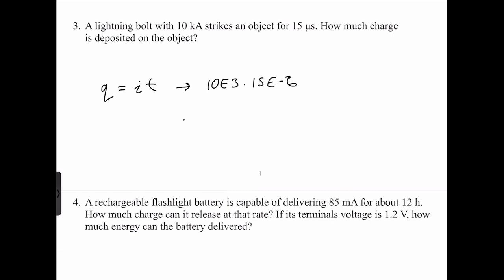That cancels out, so we get a charge of 10 times 15, 150. We're left with e to the 3, e to the negative 3, which is milli, so that would be millicoulombs. So the charge deposited on the object is 150 millicoulombs.